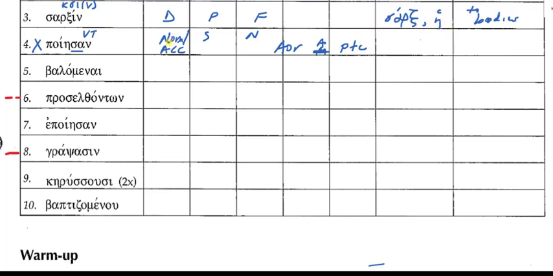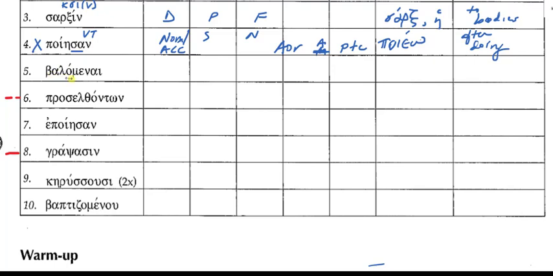If it were the nominative singular masculine, it would be poiesas. All right, so this is from poieo. Good. And my translation would be something like, if it's aorist, after doing, right? Okay, good.